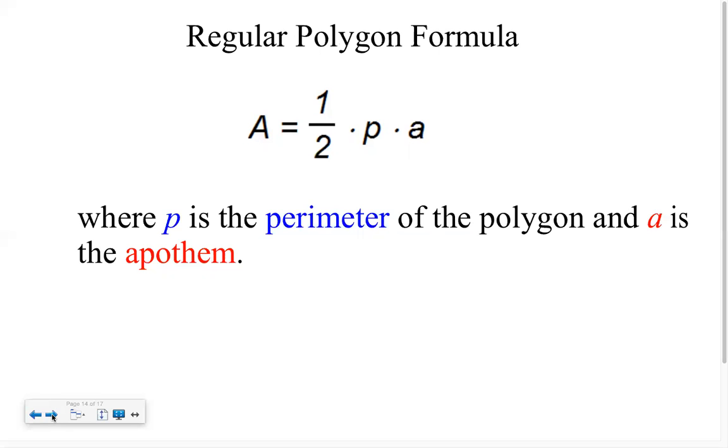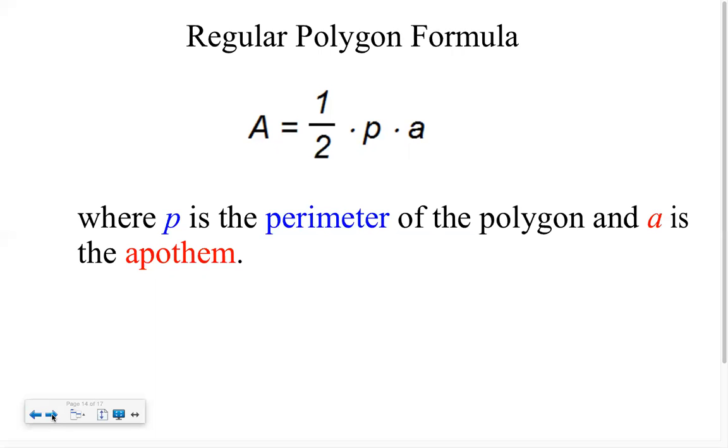The apothem in this case is the height of each triangle, because that's the distance from the center to the side of a triangle, the perpendicular. If I did 1/2 times the side length, which is the base, times the height, the apothem, that'd be the same as finding one triangle. But to find all of them, we can multiply times the perimeter, times the height, which is the apothem.